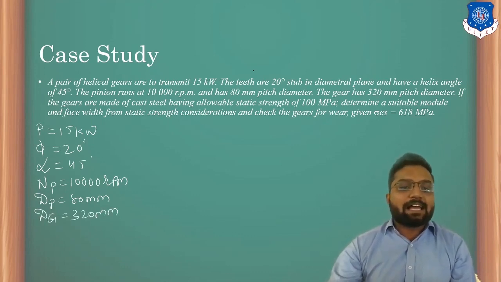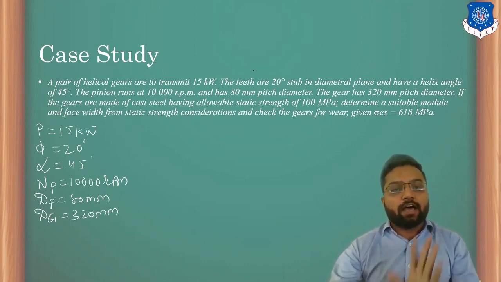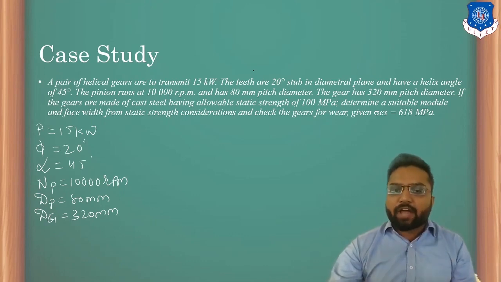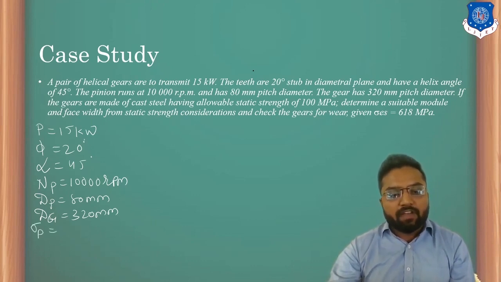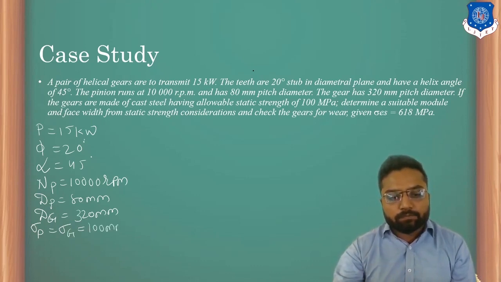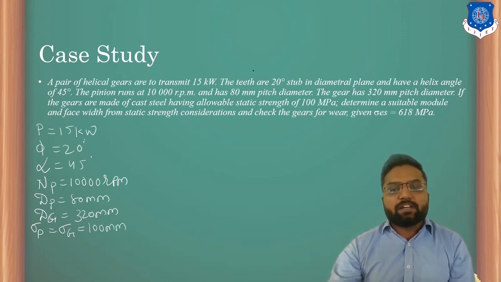If the gears are made of cast steel, so here both the gears, pinion and gear, driver and driven, are of the same material. So the allowable static stress for pinion will be equal to the allowable static stress for gear, which is 100 megapascal. Clear? Which is 100 megapascal.